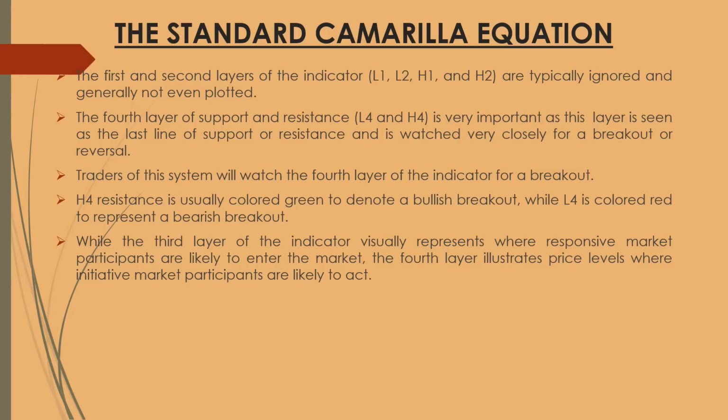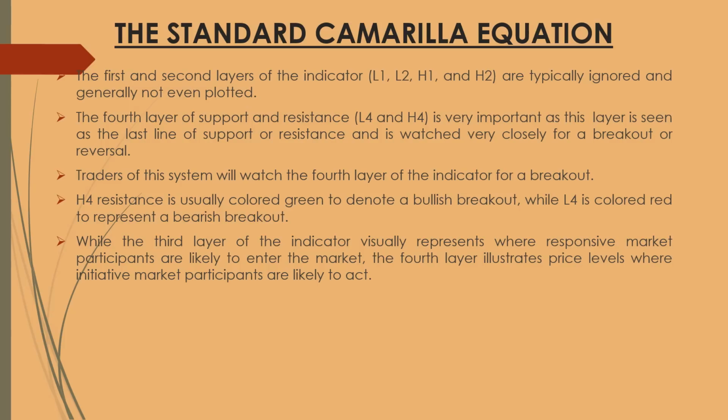H4 resistance is usually colored green to denote a bullish breakout, while L4 is colored red to represent a bearish breakout, while the third layer of the indicator visually represents where responsive market participants are likely to enter the market. The fourth layer illustrates price levels where initiative market participants are likely to act.